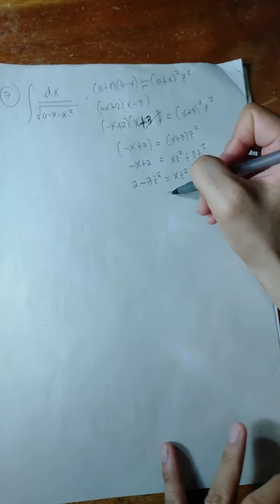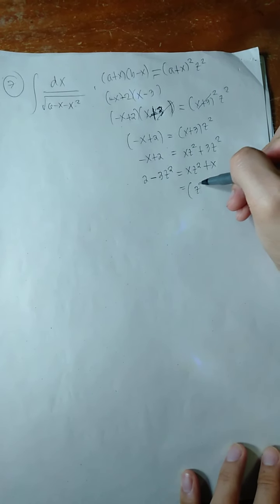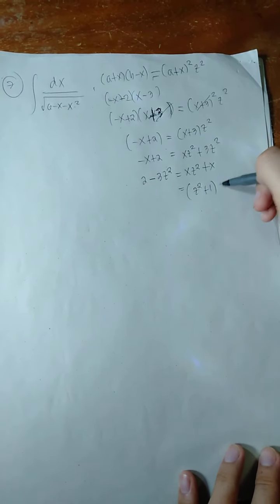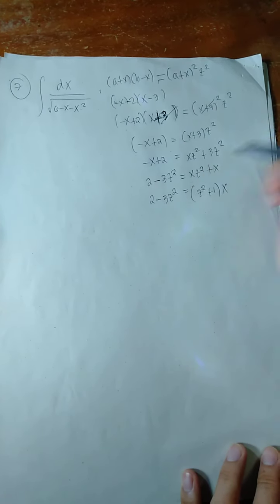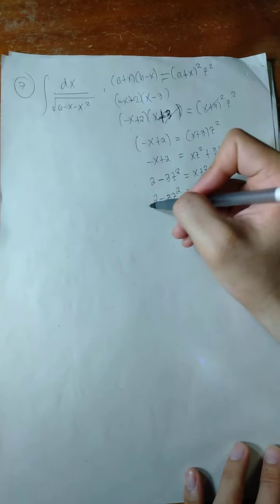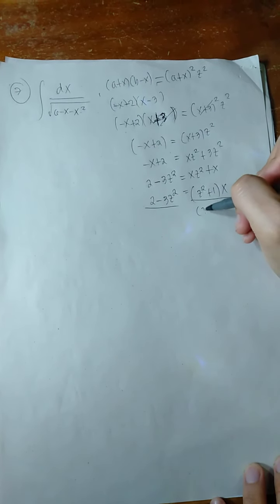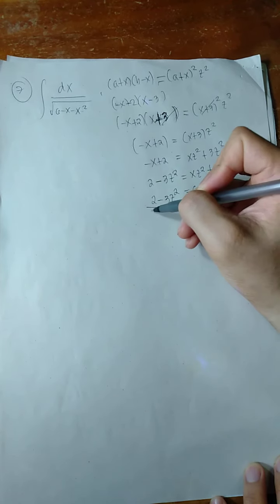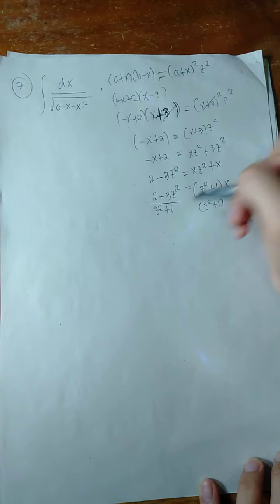Then, factor out natin yung x. So, matitira sa loob z squared plus 1 x. Then, 2 minus 3 z squared. And if we divide both sides by z squared plus 1, cancel out.